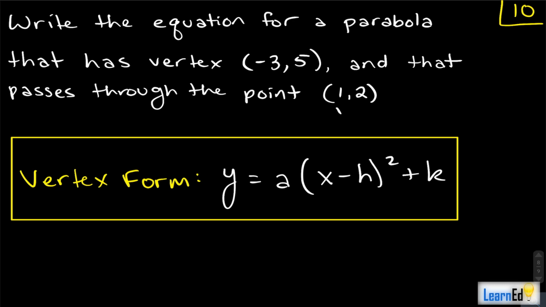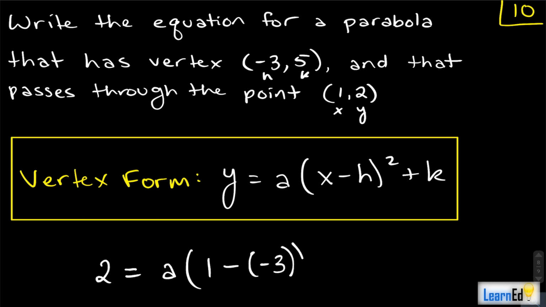This point gives us our x and our y, and this vertex gives us our h and our k. So we plug in, we get 2, that's our y, equals a, that's what we're trying to find, times x, which we know to be 1, minus our h, which is negative 3. We square this, and then we have plus k, which is 5.